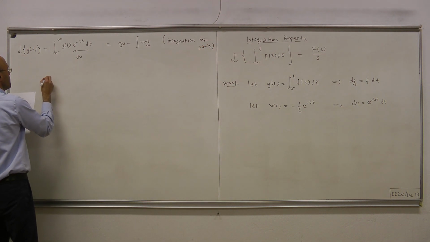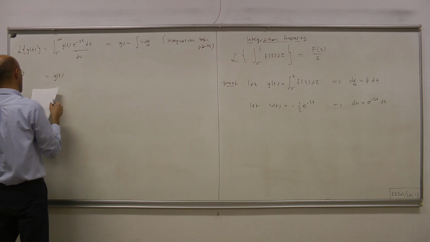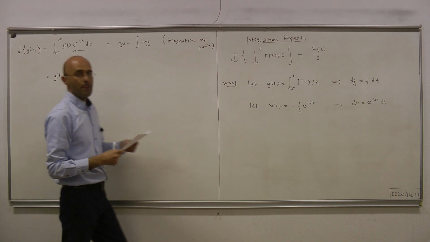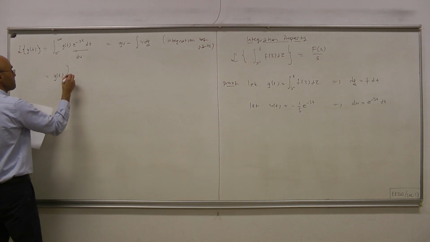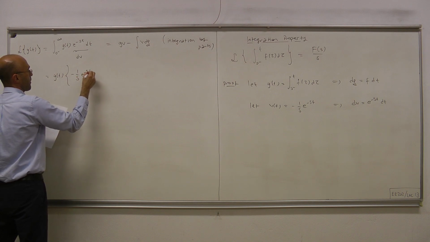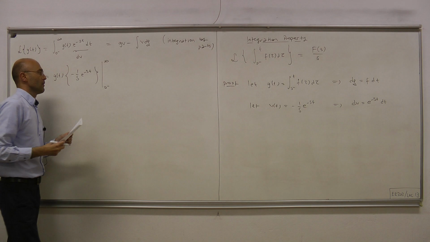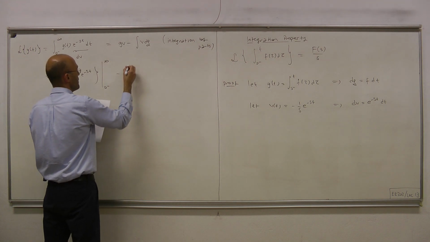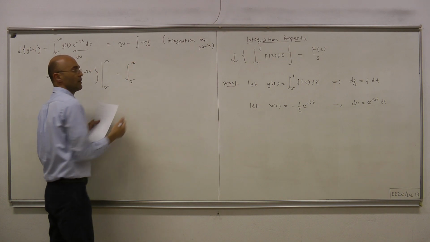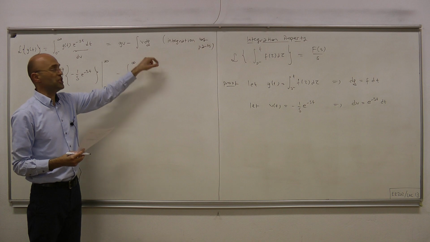Let's do that and write gv, where v is minus 1 over s e to the minus st, evaluated from t equals 0 minus to t equals infinity. And then we have this integral from 0 minus to infinity of v dg.